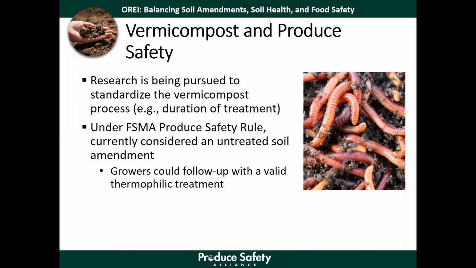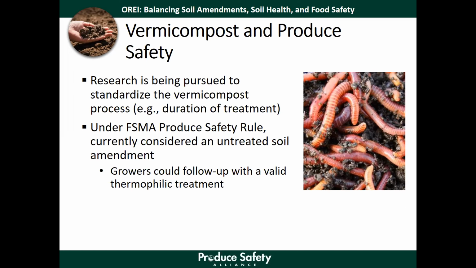So under the FSMA produce safety rule, as it currently stands, vermicompost is considered an untreated soil amendment because it has not been shown yet to meet those two microbial standards, or one of the two microbial standards that I shared with you before. But we are still waiting to see the results of some research that's ongoing.